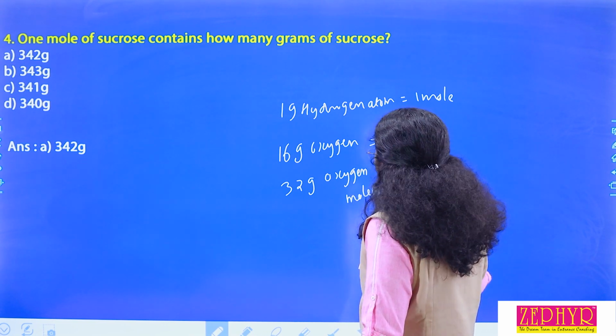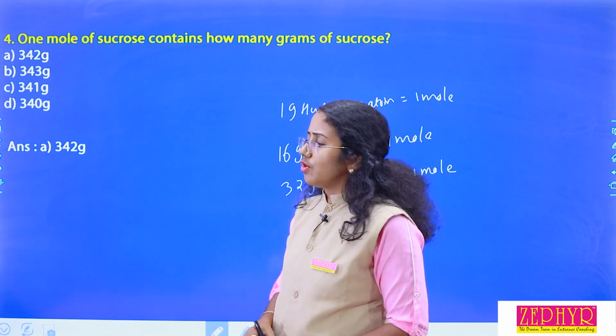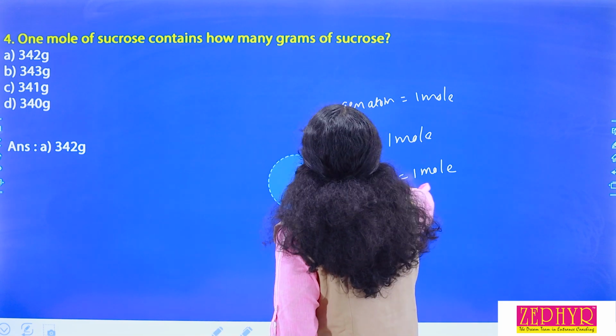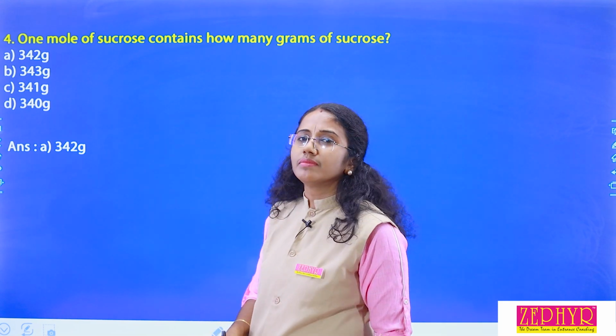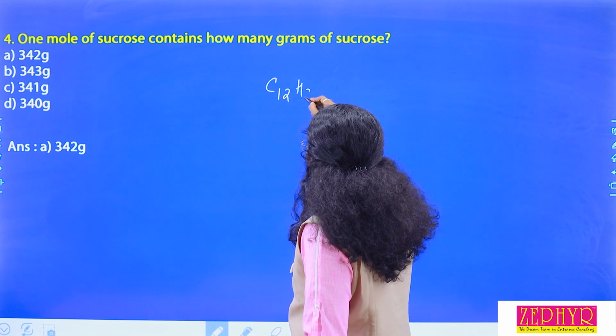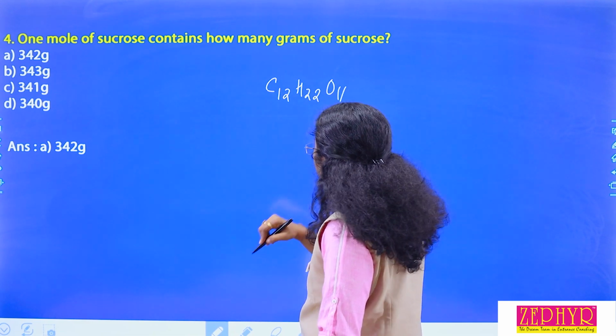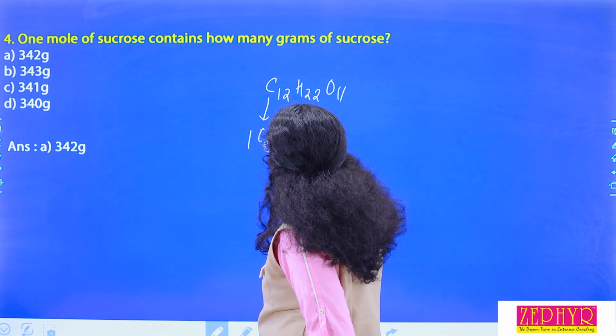That means 32 is the molecular mass of oxygen. Like, 1 mole of sucrose contains how many grams? Sucrose is C12H22O11. What is the atomic mass of carbon? That is 12.